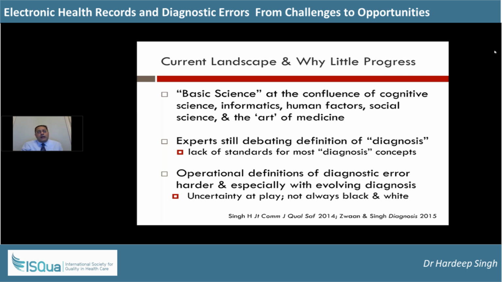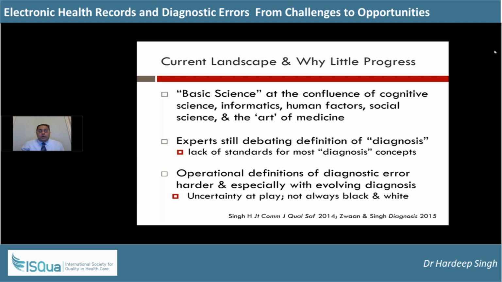The issue is the basic science of diagnostic error is really at the intersection of multiple other sciences. So you've got cognitive psychology, informatics, human factors, social sciences, implementation science, art of medicine, all the clinical details that clinicians discuss. So it's really getting all the disciplines together to understand such a complex problem can be a bit of a challenge.